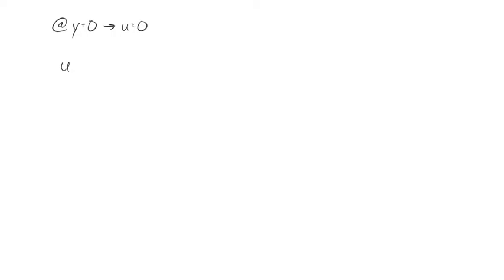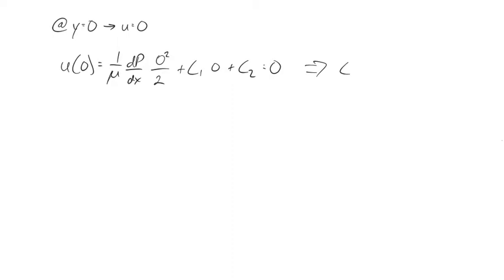So for our function we get 1 over mu dp dx, and 0 substituted for y, plus c1 times 0 plus c2, and that all equals 0, so we find that c2 is equal to 0.